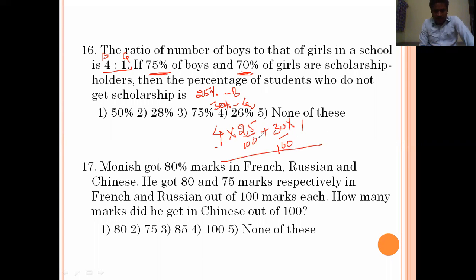Here the total parts is 4 parts of boys plus 1 part of girls, so 4 plus 1 is 5. Into percentage means 100. 5 ones are 5, 5 twos are 10, zeros cancel. 4 ones are 4, 4 twenty-fives are 100, 25 and 25 get cancelled.